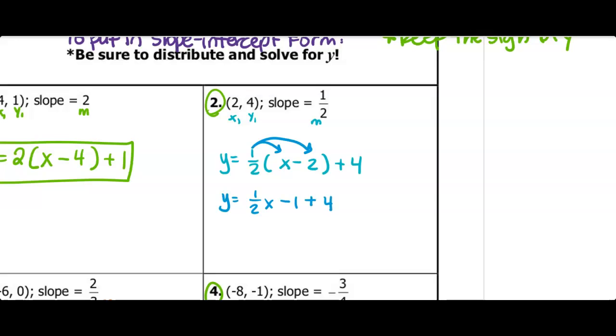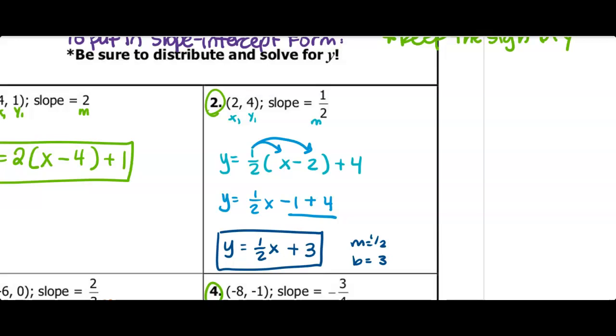Remember, you can only jump one parentheses, you can't jump two parentheses. Then we combine our -1 and our 4 so that we get that y is equal to 1/2 x plus 3. So then we can see that our slope is still 1/2 and our y-intercept is 3. So we see our slope-intercept form.